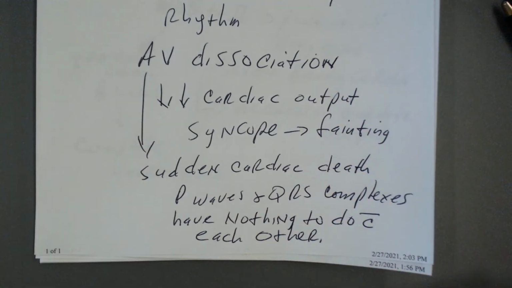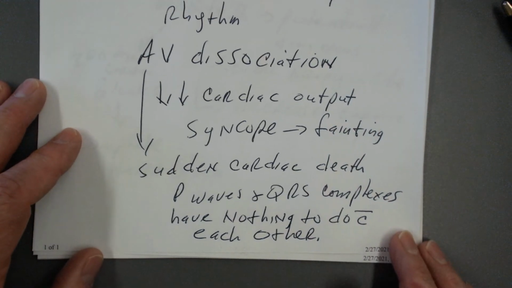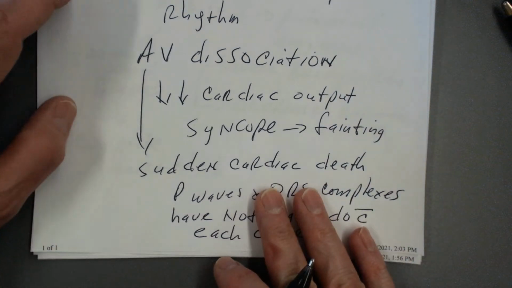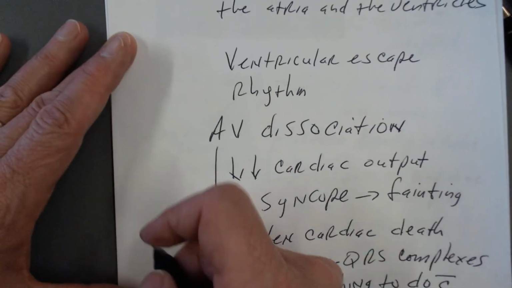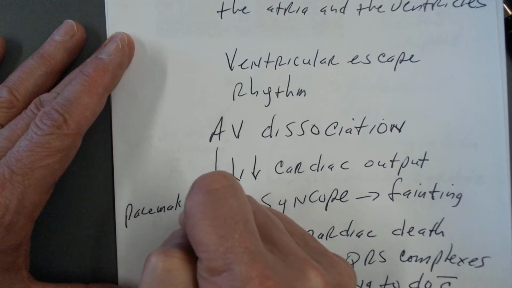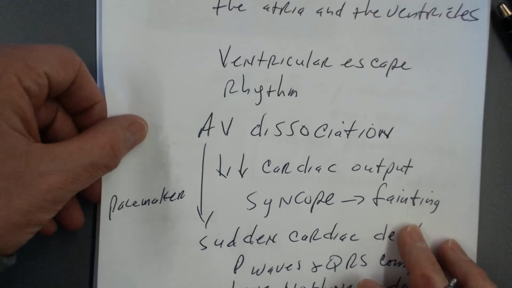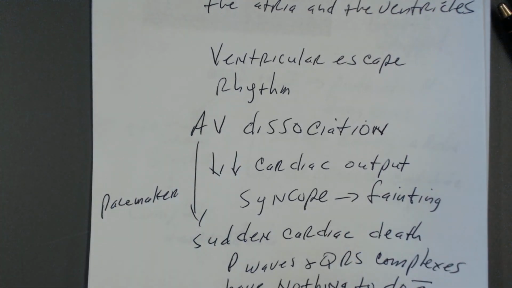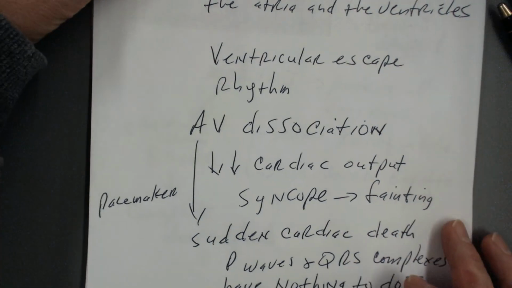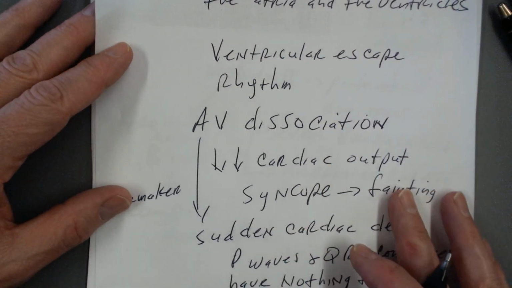And that is a feature of your third degree AV blocks. The way you treat this is with a pacemaker. Very good. So those are the three things.